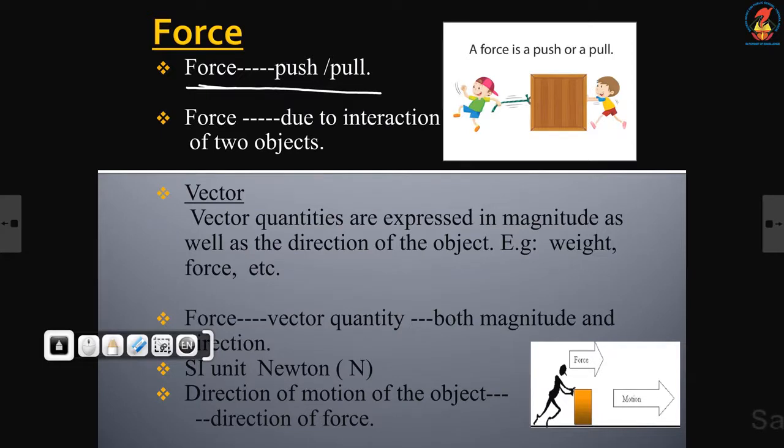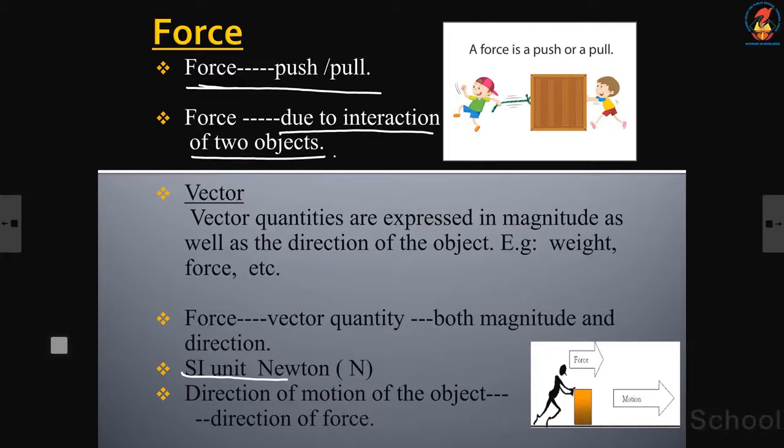It is due to the interaction between 2 objects. Then the SI unit of force is Newton.